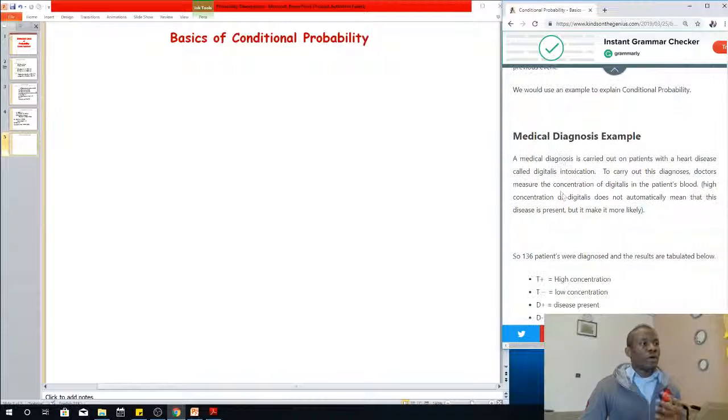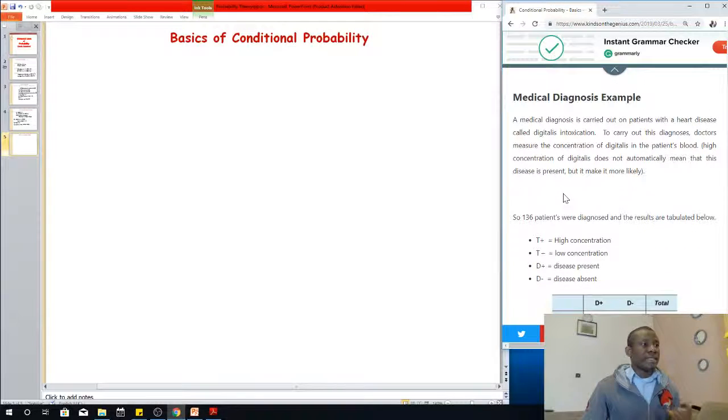Before we go into the notations, let's take an example, because examples make it very clear. In this case, a medical diagnosis is carried out on patients with heart disease called digitalis intoxication. To carry out this diagnosis, doctors measure the concentration of digitalis in the patient's blood.